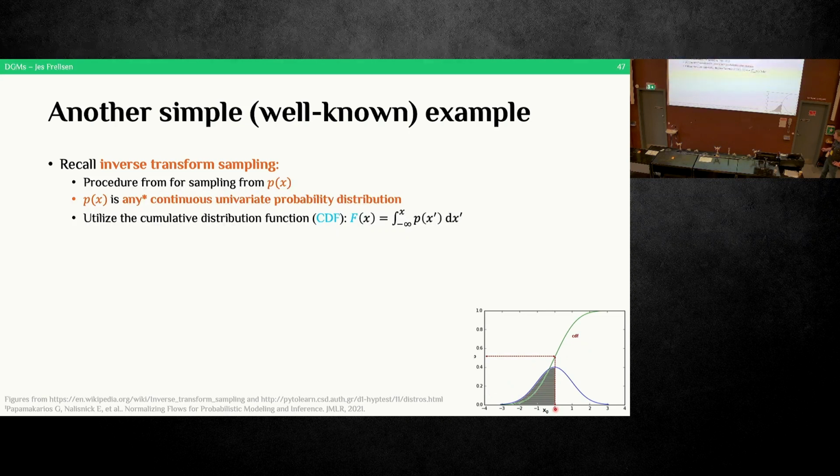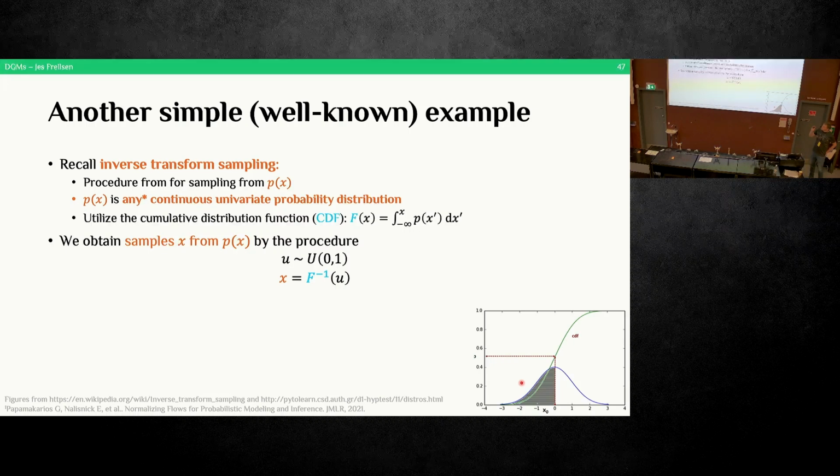For instance, if I ask what's the cumulative distribution function at 0, then it's how much probability mass we have under the curve up until x equal to 0. So if I want to evaluate the CDF at 0, then I integrate this part, and that corresponds to this point here: the integral up until 0 is half. That's also the middle of the normal distribution.